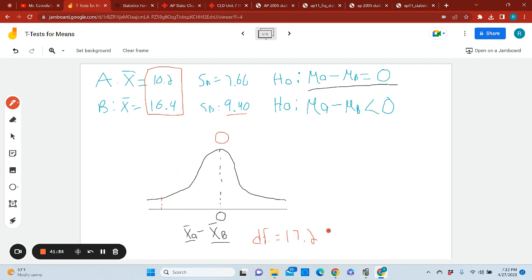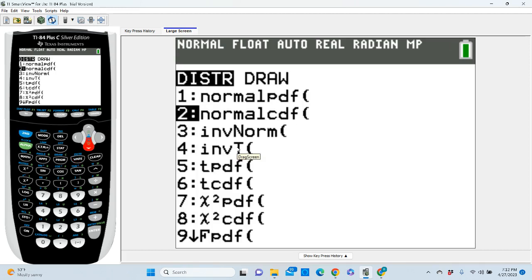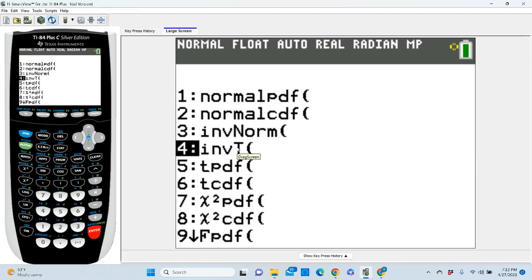Now, I don't need to run inverse T with this degrees of freedom because no, they didn't. Okay, sorry, I do have to do that. I lied. I'm going to take this degrees of freedom 17.2 and I'm going to hit second distribution inverse T. This is all part of making the diagram.